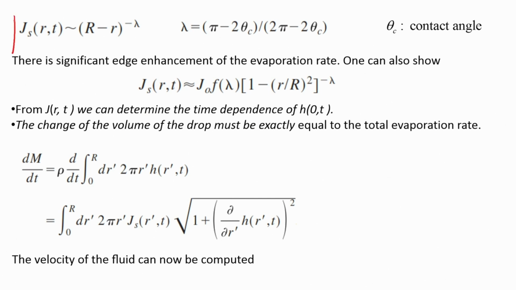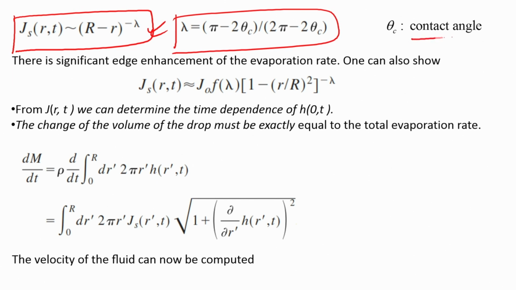He found that J_s, which is the evaporation flux, is given by this particular form where alpha is related to the contact angle. Now, you can imagine over here that when small r becomes equal to capital R, this basically blows up, this diverges completely, because it is 1 over (R minus r) to the power lambda.